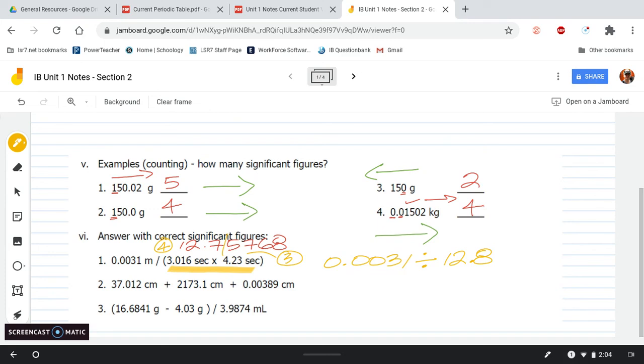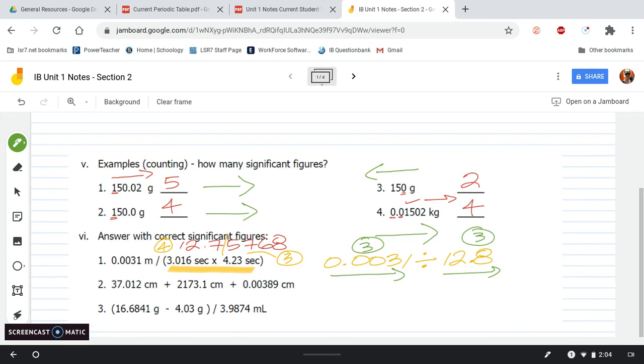Now I'd have to do a math problem again and get sig figs a second time. Okay, we can count our sig figs real quick before we do this. This one right here, coming from the left, it would have 3 sig figs. Coming from the left, they both have decimals. Oh, look, they both have 3 sig figs. So our answer has to have 3 sig figs.